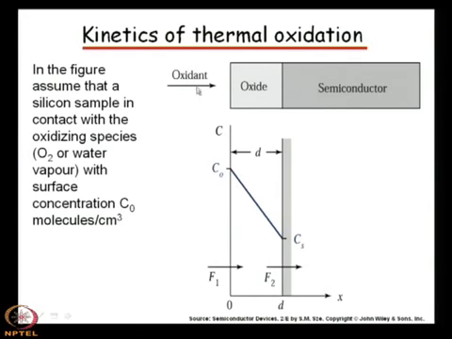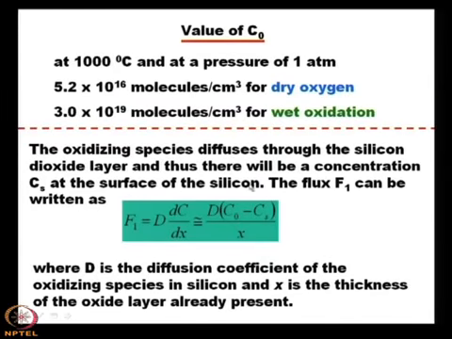So, now the oxidant or the oxidizing species must diffuse through the oxide layer to reach the semiconductor surface, and once they reach the semiconductor surface, they will react with the semiconductor to form SiO2. The oxidizing species diffuses through the silicon dioxide layer, and thus there will be a concentration Cs at the surface of the silicon.